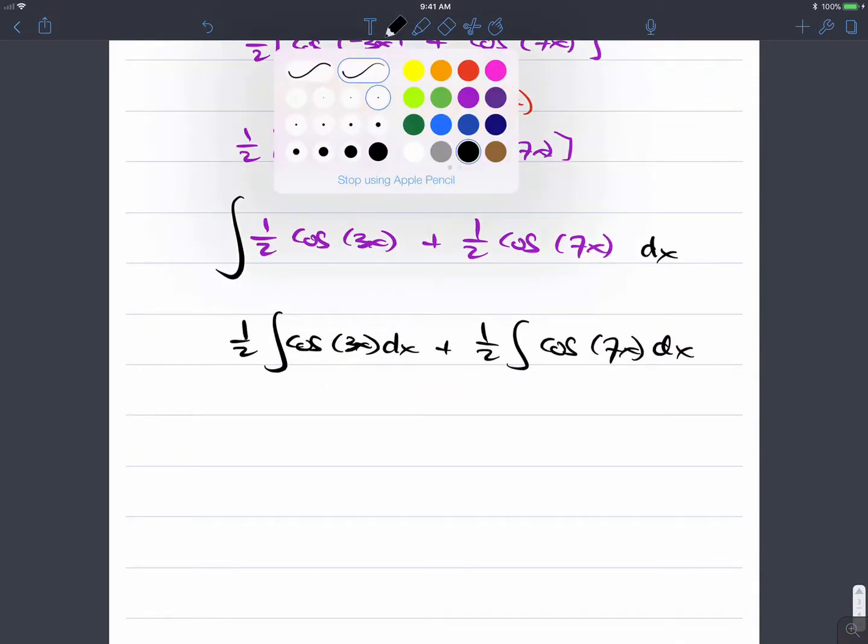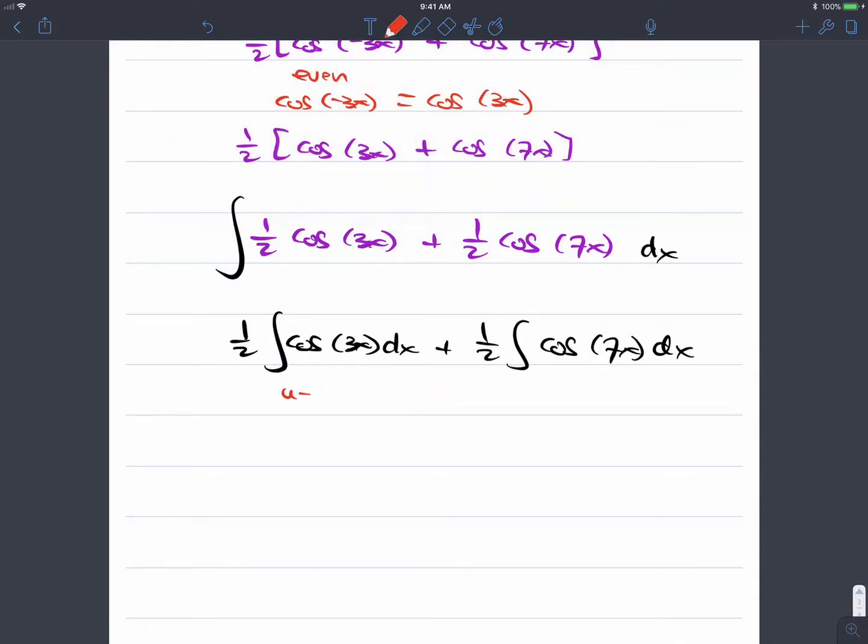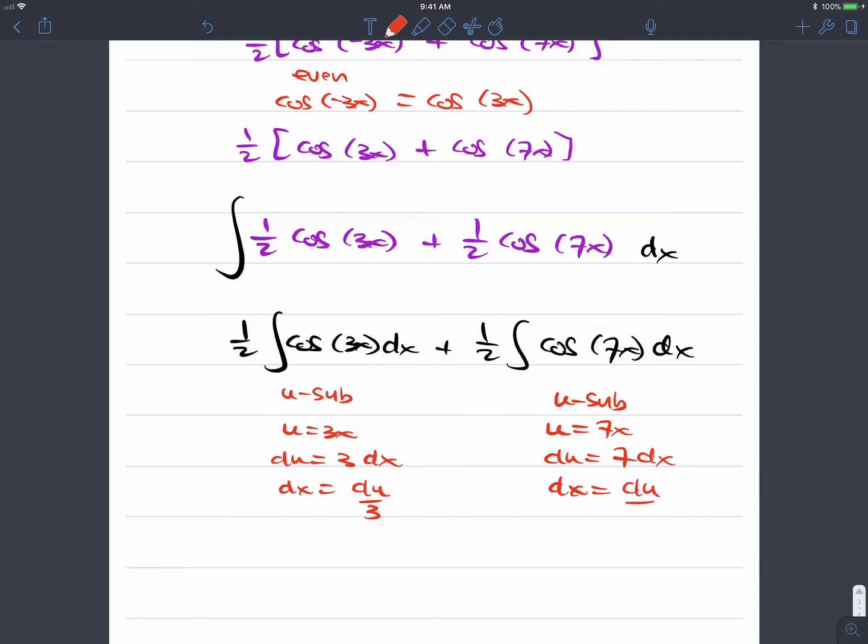In both cases, we use u sub. U here will be 3x. Du is 3 dx, or dx is du over 3. U sub over here means u is 7x. Du is 7 dx, or we say dx is du over 7.